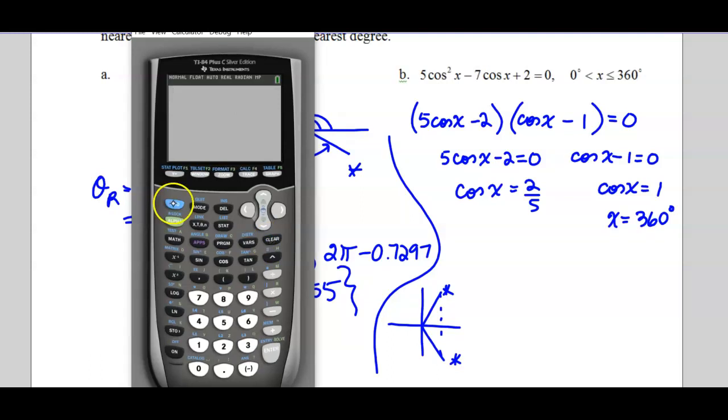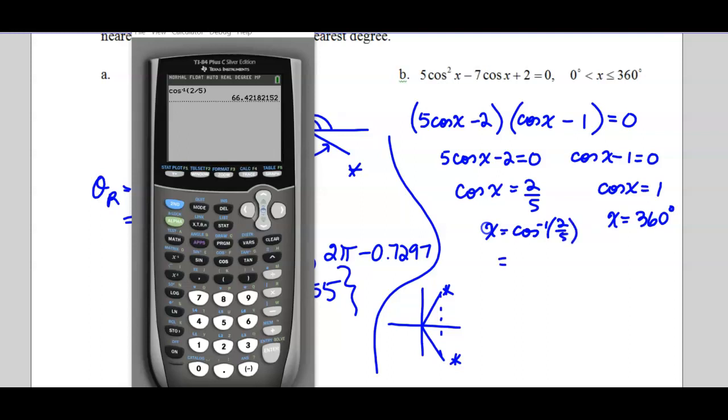Okay, so second cos, I'm going to convert to degrees for this one. Second cos of 2 divided by 5. So in your calculator, that's what it looks like.